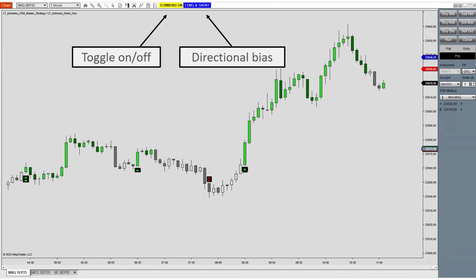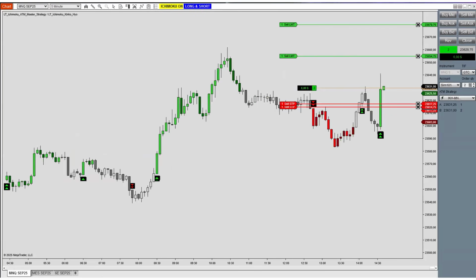So if you see a clear trend based on a separate price benchmark, for example, the VWAP, or a higher time frame swing trend chart, you can toggle to trigger only the long or the short setups. And once the trade is live, you can use your mouse to adjust the profit target and stop losses directly on the chart, just like a manual trade.